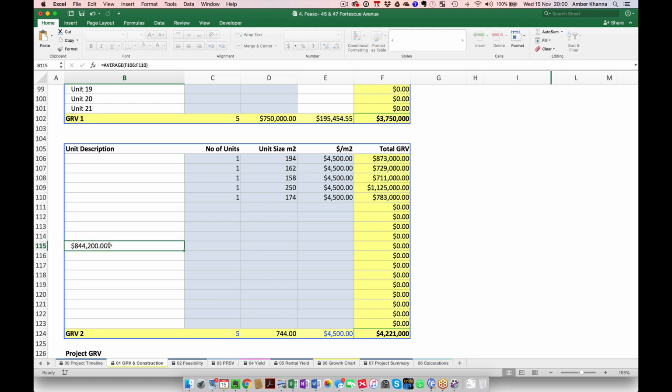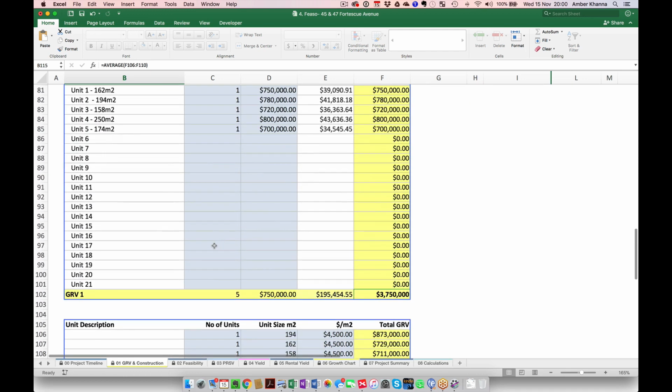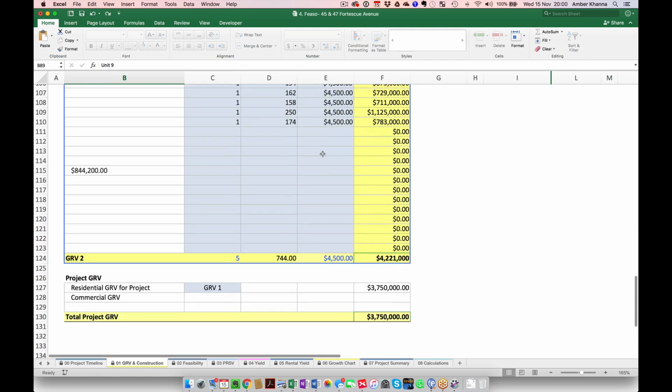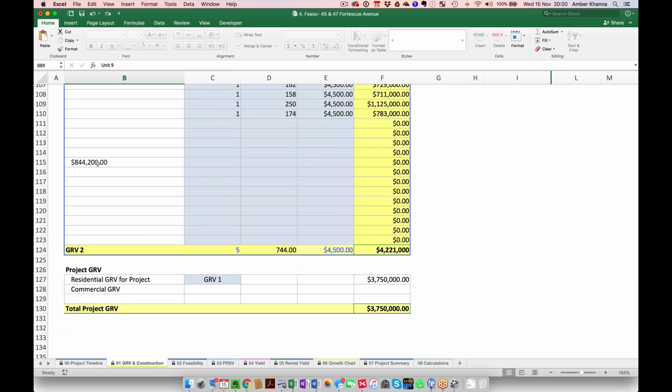Okay, let's say you're getting an average of 844 on this scenario. And over here, your average is about 750, I reckon. I'm pretty sure this is 750. So you're getting 750 on average here, and you're getting 844 over here.